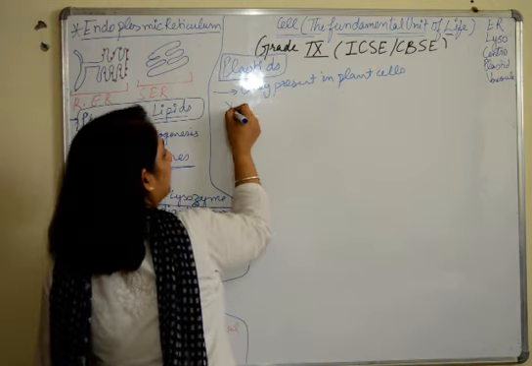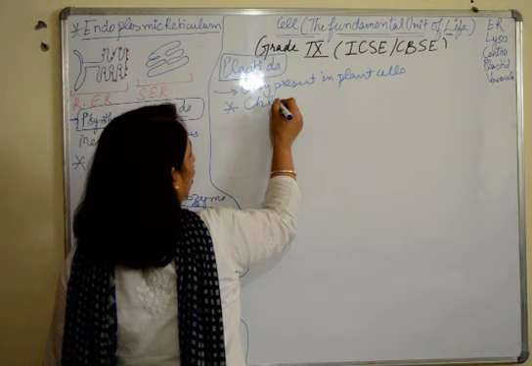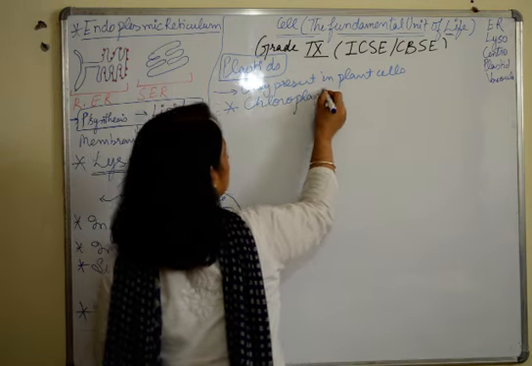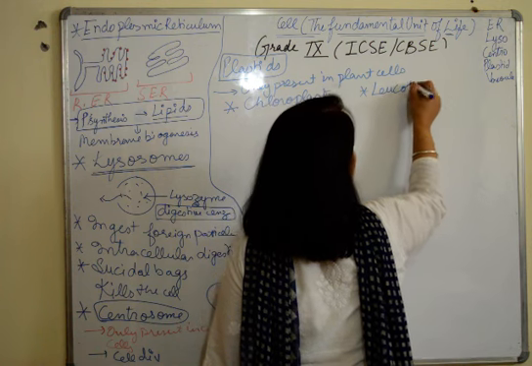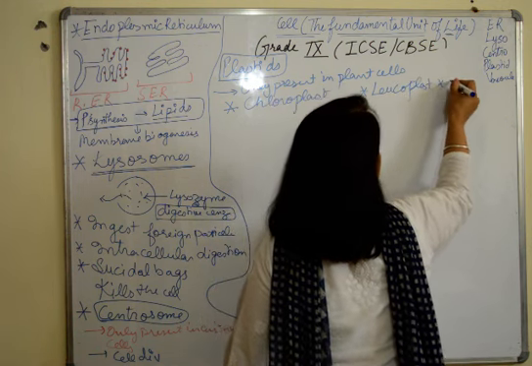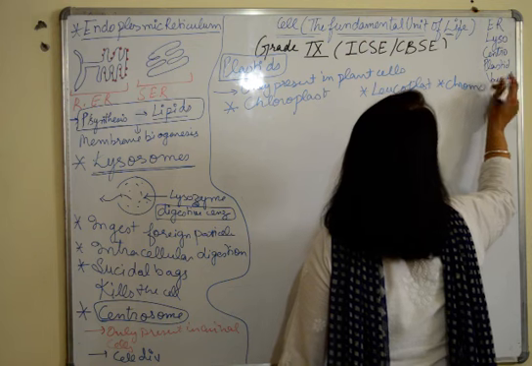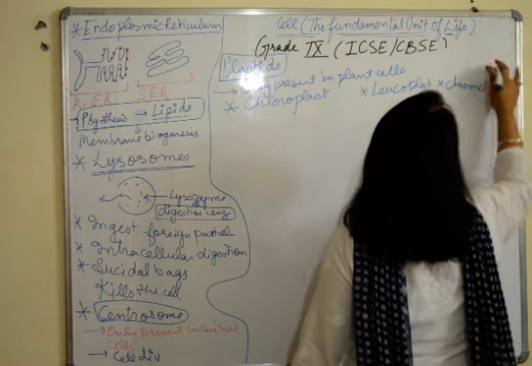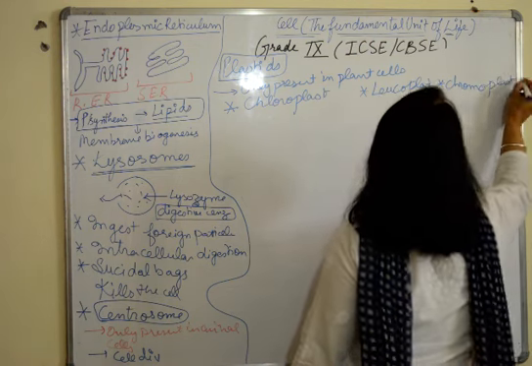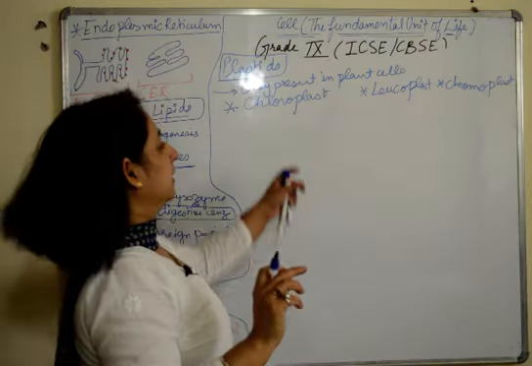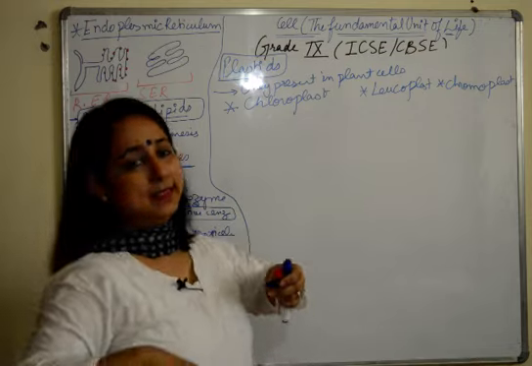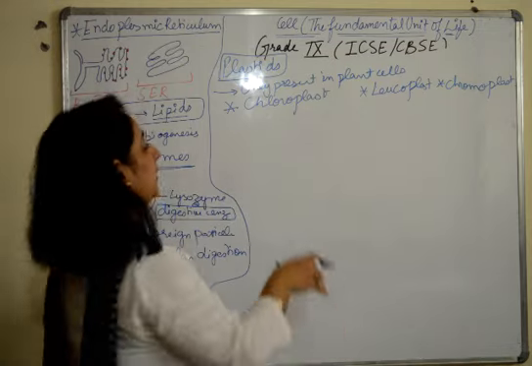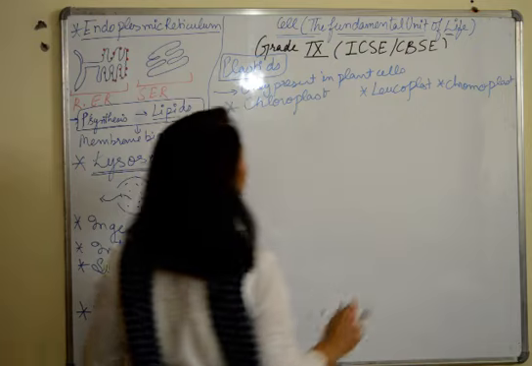There are three types of plastids: chloroplast, leucoplast, and chromoplast. In some books it's written that chromoplast is further divided into chloroplast and some colored plastids, but generally there are three types: chloro, leuco, and chromoplast.